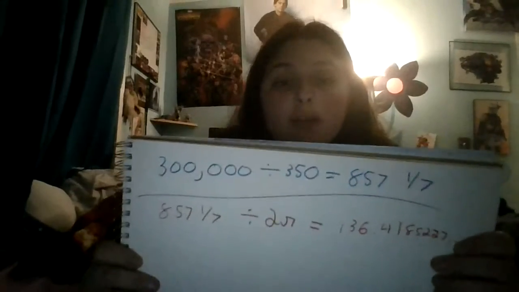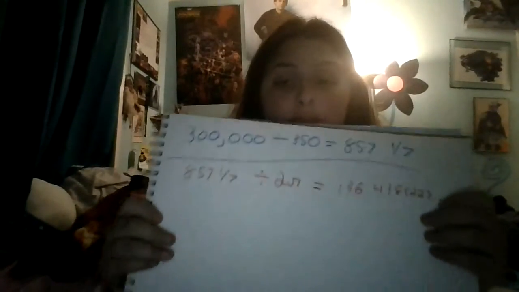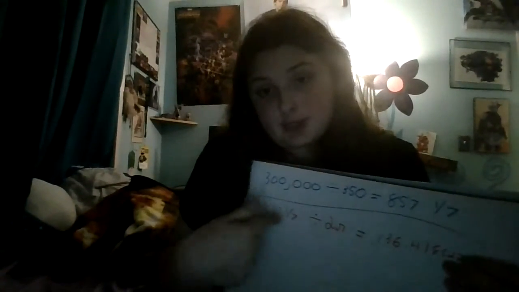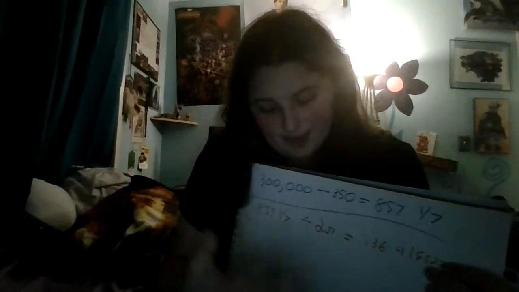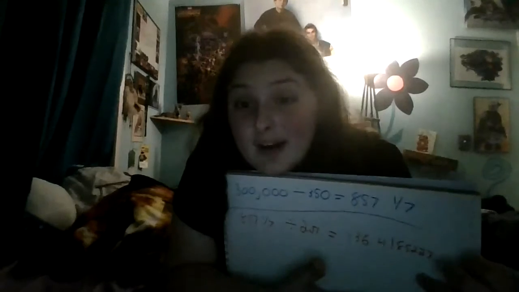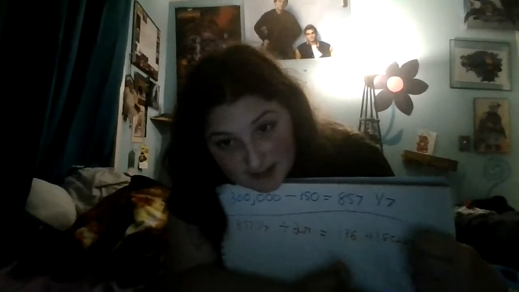To make this easier, we could turn this into an improper fraction and then multiply by that and get some weird fraction, but it doesn't require us to use a fraction. I was just being nice and putting it there because fractions are amazing, but I'm not going to fuss over this.